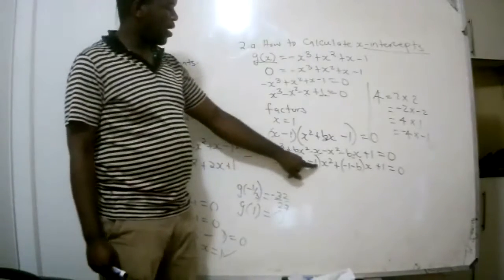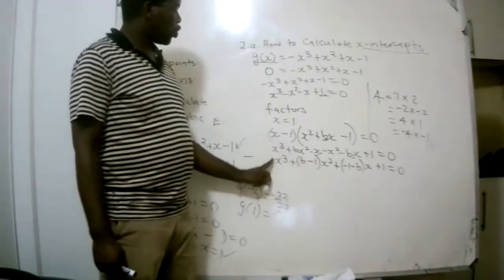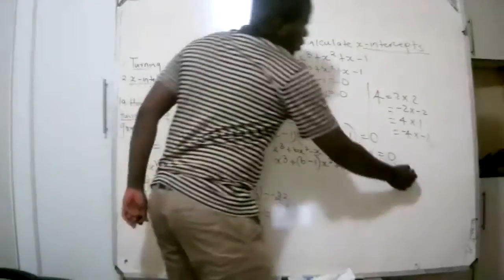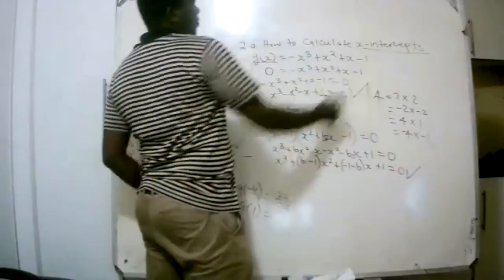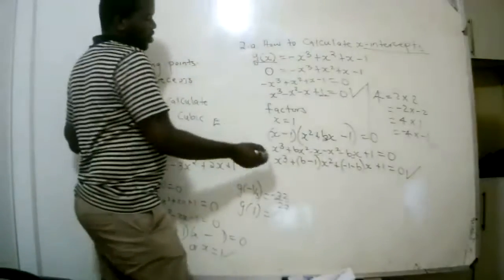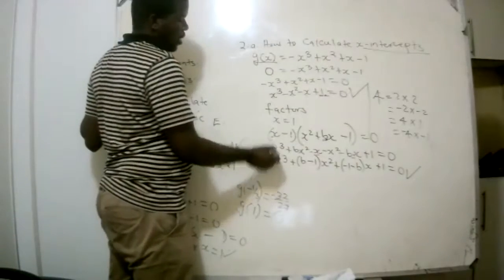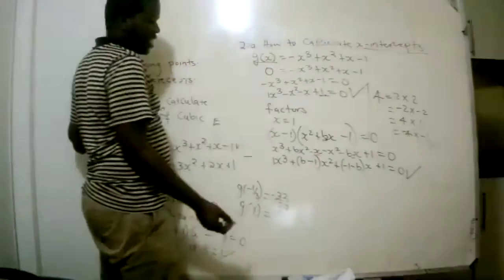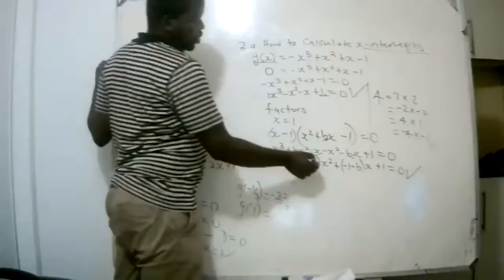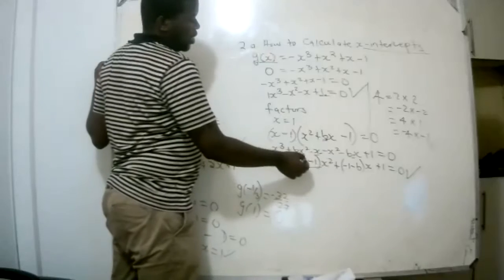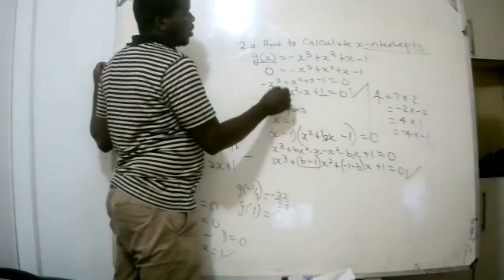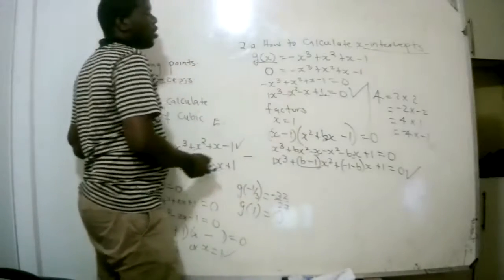After having that, you are only left with a simple job to do here, which is to compare the coefficients. The coefficients of this expression we have down here with the coefficients we have up there must be the same. Here we have a coefficient of 1 and there we have a coefficient of 1, so that is fine. The coefficient of b minus 1 must be equal to the coefficient of x squared.